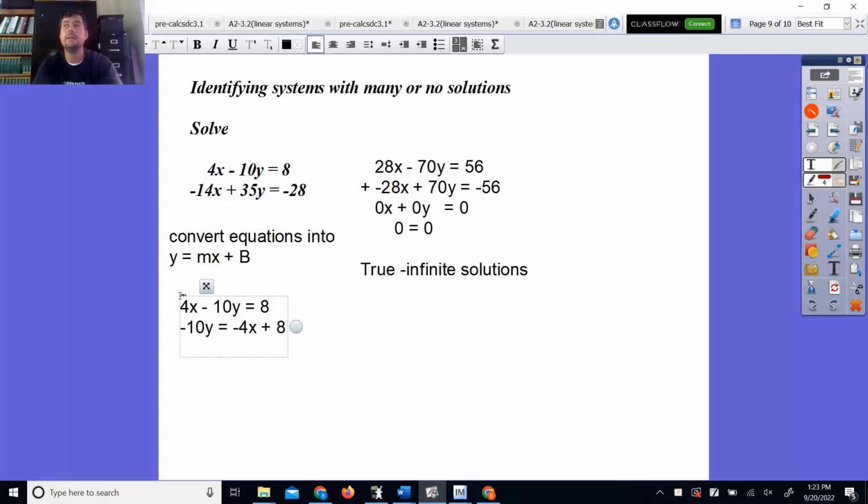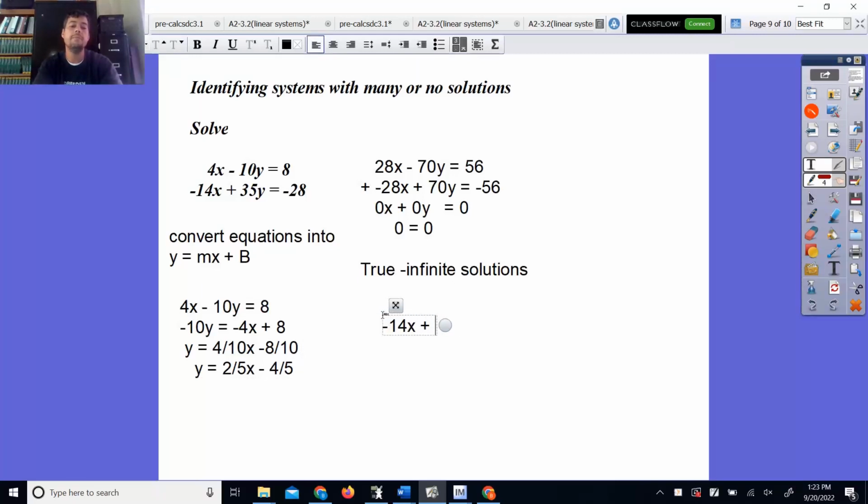What do you want to divide by? Y is going to be 4/10 of x, which I'll simplify in a minute, minus 8/10, which I'll simplify in just a minute. What's 4/10 reduced to? 2/5 minus 4/5. That's the first equation.